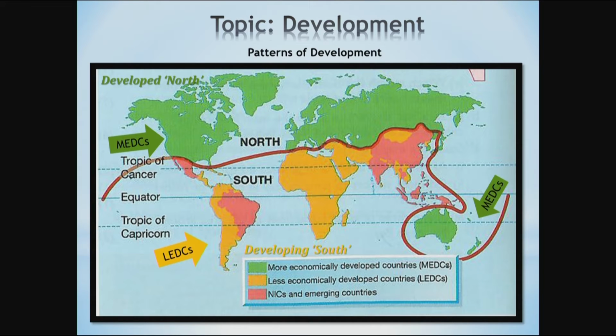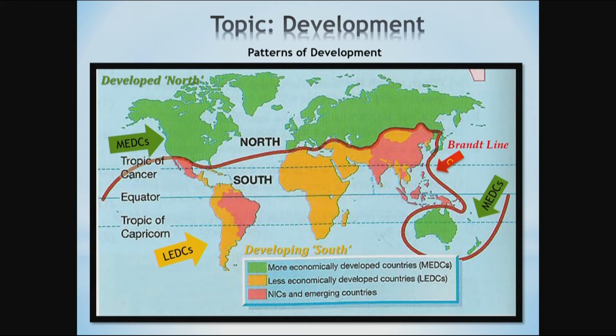Now, the developed North and the developing South are divided by an imaginary line, the red line that separates the two, and it's called the Brandt line.